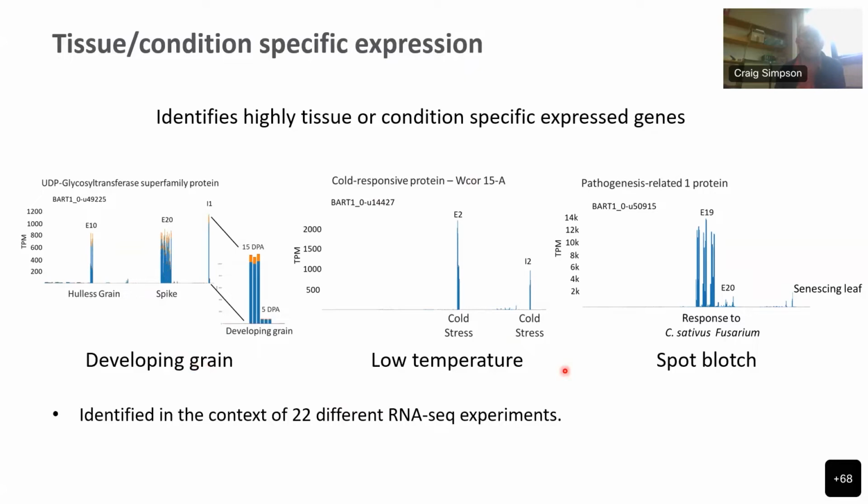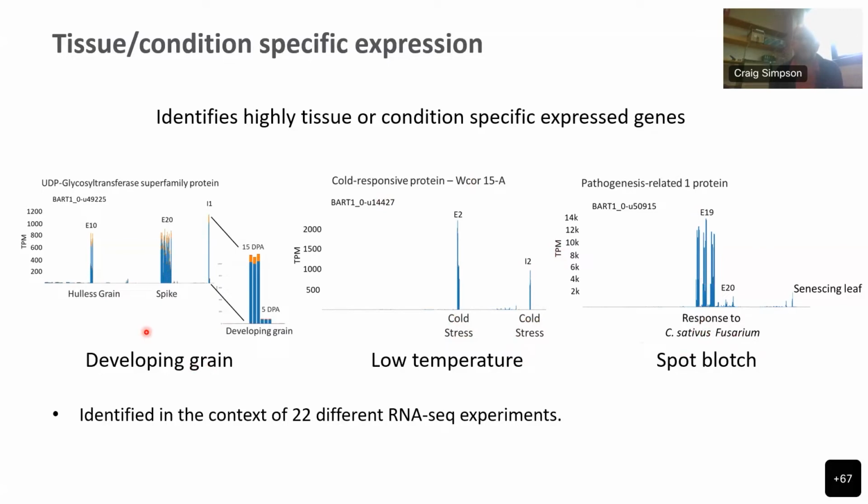This is an example of an abiotic stress, so low temperature. Again, we've got 2 experiments within the sample set, and you can see very specific levels of expression going on there. And then we also have examples of biotic stresses as well. So this is to fusarium, and you see the really high levels of expression for this gene here, this PR gene.